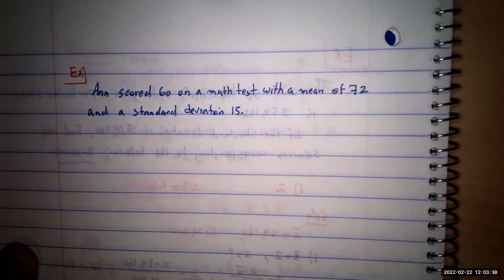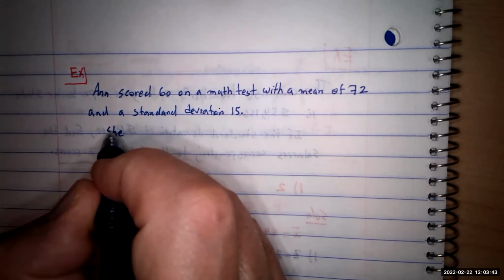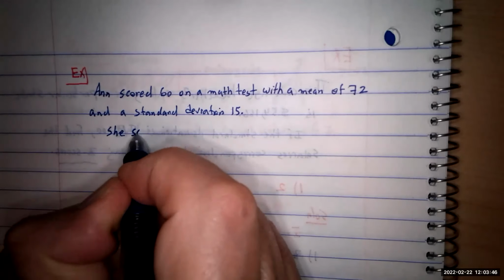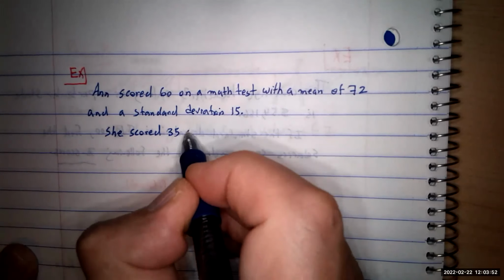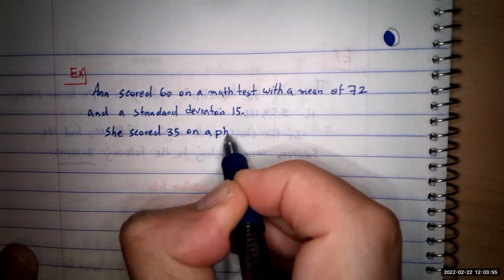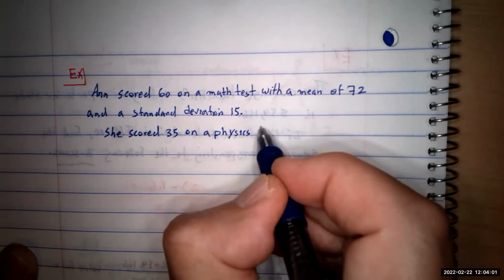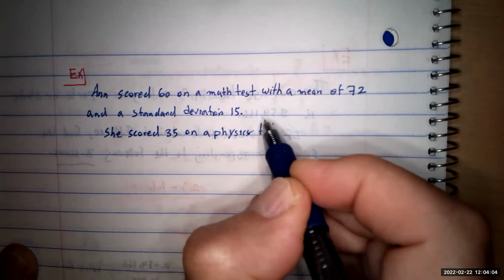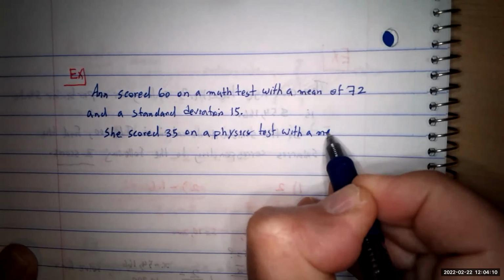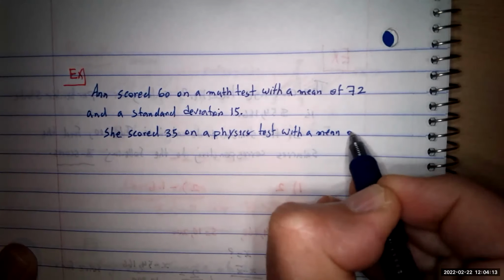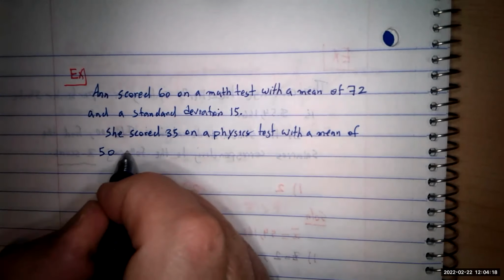But you got another course, you got physics. So she scored 35 on a physics test with a mean of 50 this time, and a standard deviation of 20.